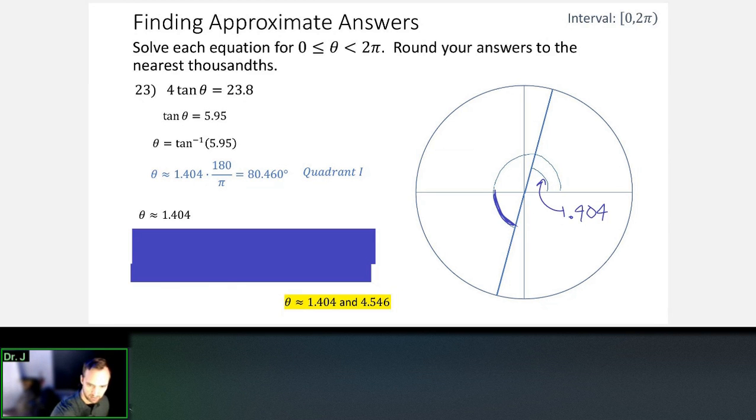This angle that I have highlighted in red, what's the radian measure of that? Yeah, that's pi. So I'm just going to write that's a measure of pi, and this is a measure of 1.404. So yeah, we just add those two together.